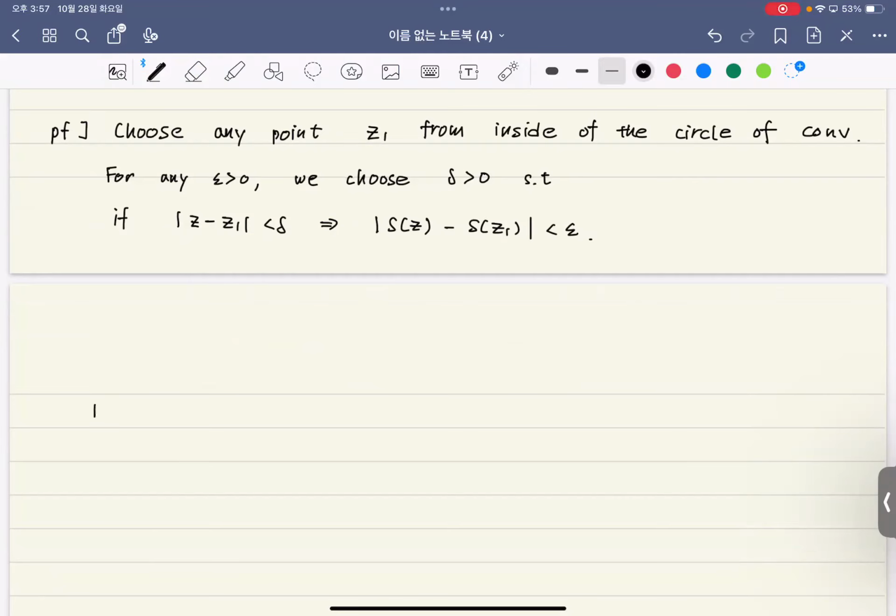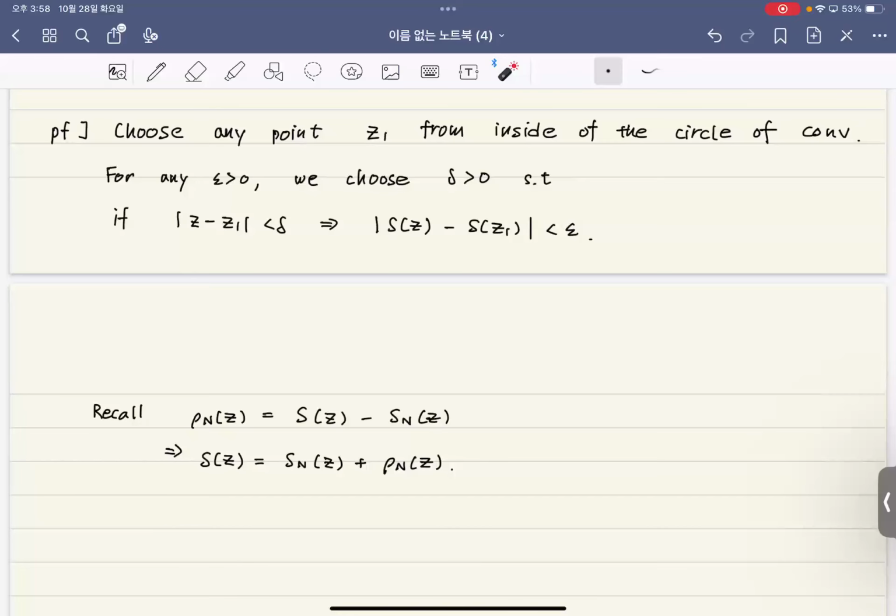Beforehand, I will play a little trick here. We said this is the remainder. The remainder was defined by S of z minus the partial sum Sn of z. In other words, S of z is Sn of z plus the remainder, which is obvious. Now please allow me to replace each S of z by this expression.